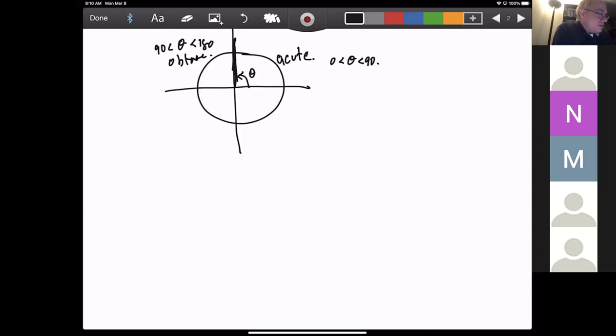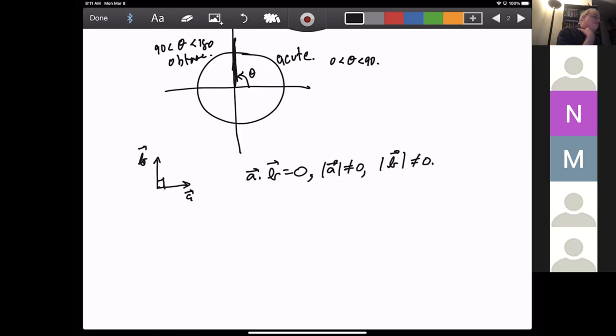When two vectors are at right angles to each other, let's call them A and B, and neither of the vectors themselves is the 0 vector, then the dot product is 0.